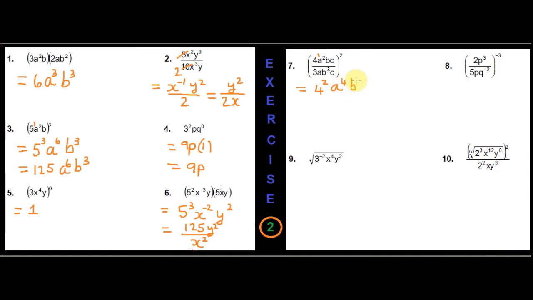Then we have b squared times c squared. Then 3 squared is 9. And then, of course, a squared. B to the 6, multiplying the powers. 3 times 2 is 6. And then c squared. 4 squared is 16.